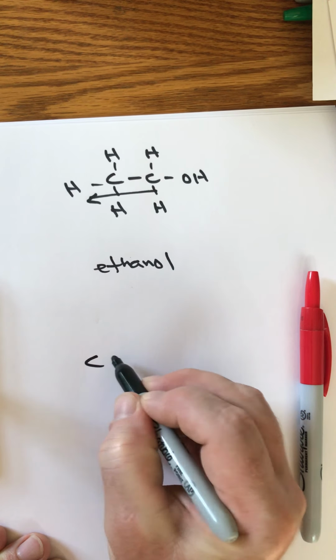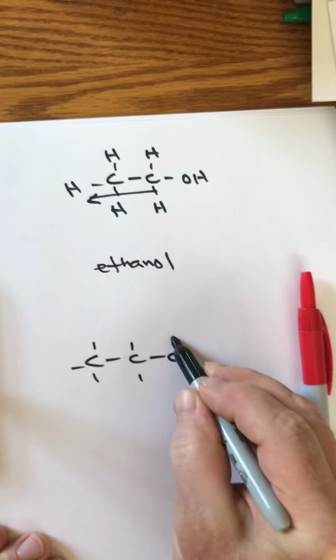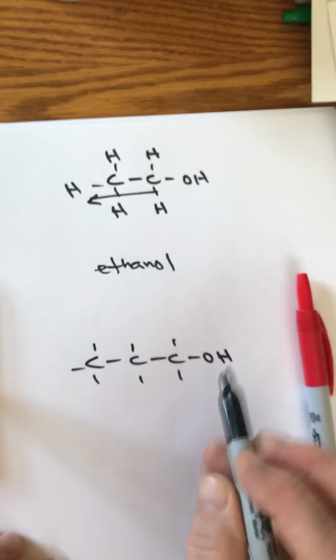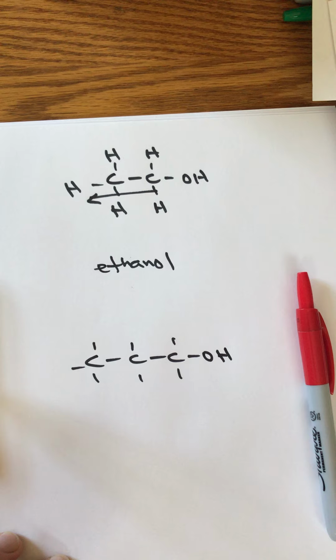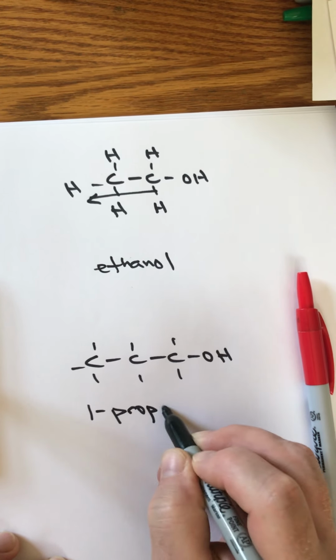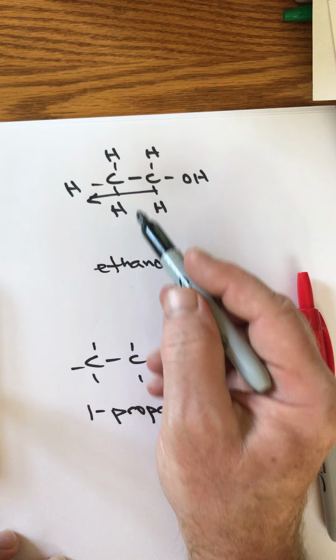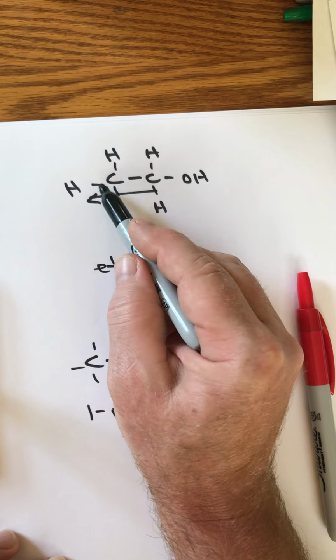If I have three carbons, my prefix is prop. If I put my OH out on the end, either here or here, it's 1-propanol. Now, you say, why did I use a number here? Because if it's here or here, either way, it's number 1.